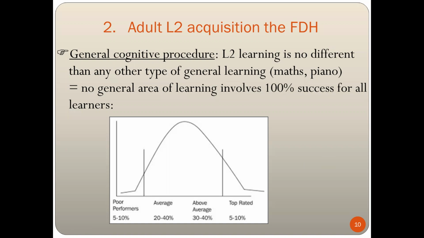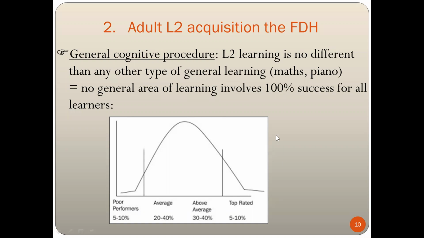In any area of learning, regardless of what it is, regardless whether it's maths or piano or driving or knitting or swimming, there is a small number of learners who achieve very, very poorly, say between 5 and 10%. And there is a very small number of participants who achieve very highly, close to 100%.